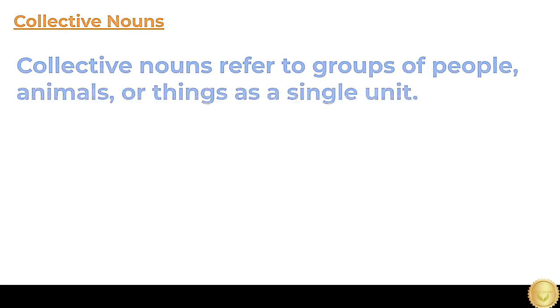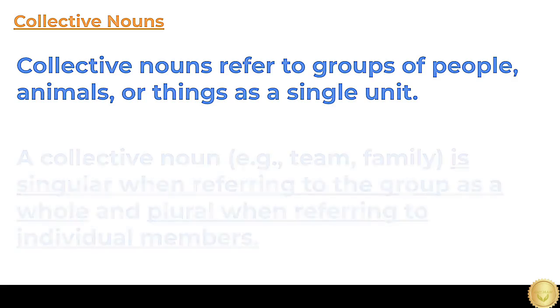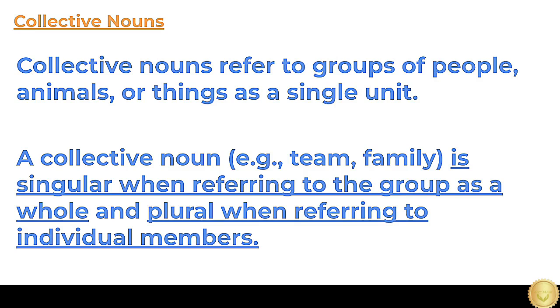Collective nouns, you might have heard about these. So, a collective noun refers to groups of people, animals, things as a single unit. For example, team or family is singular when referring to the group as a whole and plural when referring to individual members. This can be a little bit confusing.